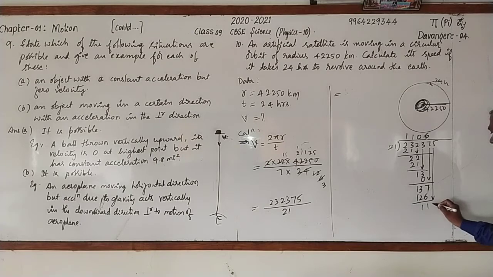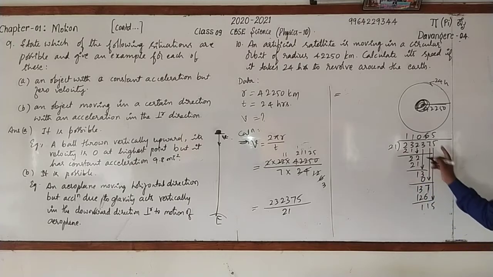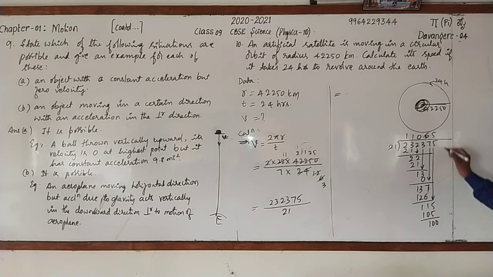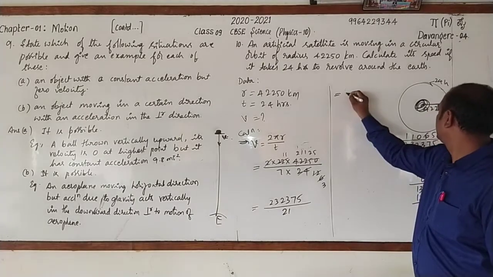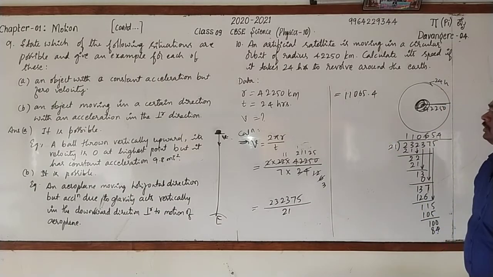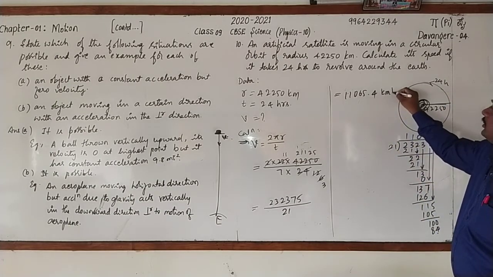Carry down 5. 21 fives are 105. 10 will remain, becomes 100. 21 fours are 84. So it is equal to 11065.4 kilometer per hour.